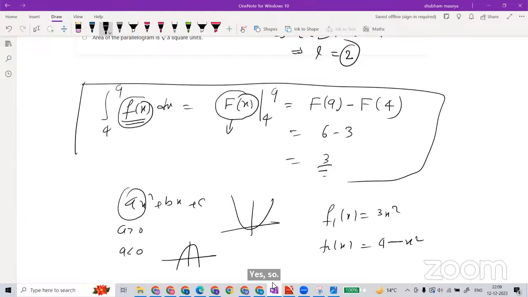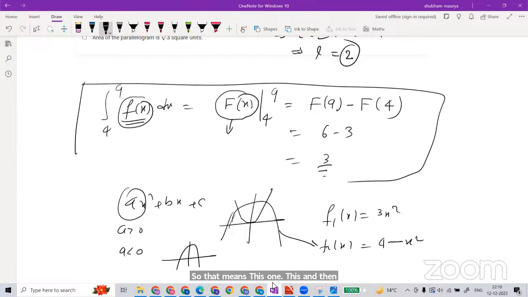So this will represent this, and this will represent this, correct? Now, if you want to find the area under this curve, what is the way to find that?